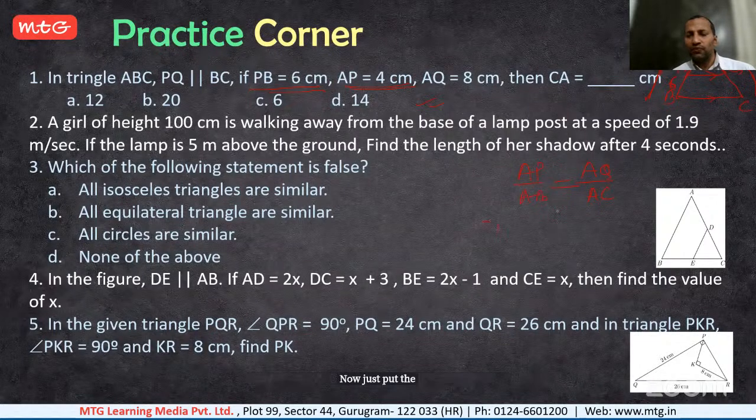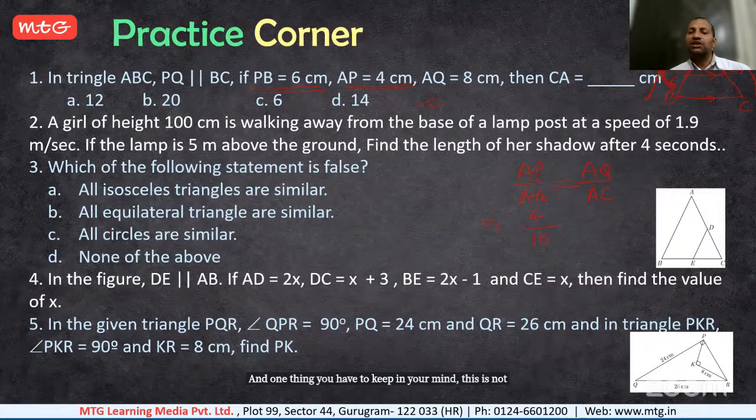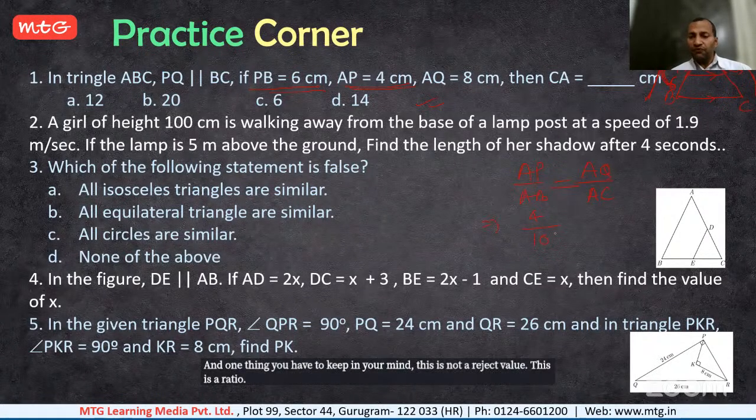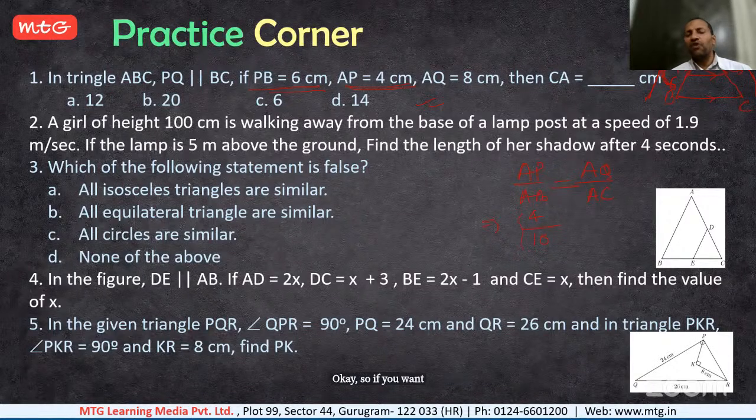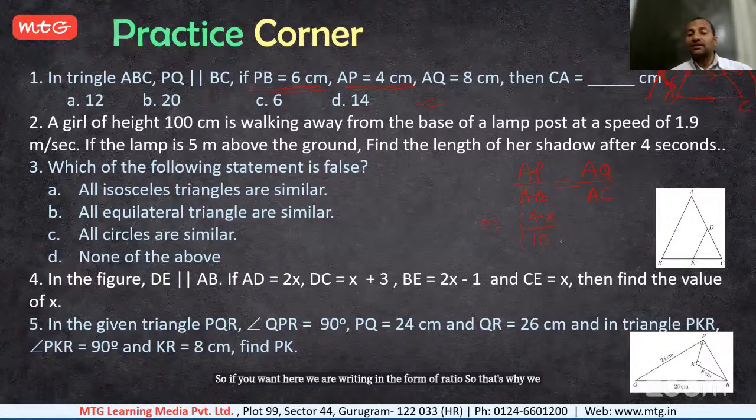AP is 4, AB is 4 plus 6, so that will be 10. And keep in mind that this is not an exact value, this is a ratio. Here we are writing in the form of ratio, so that's why we are not writing X.